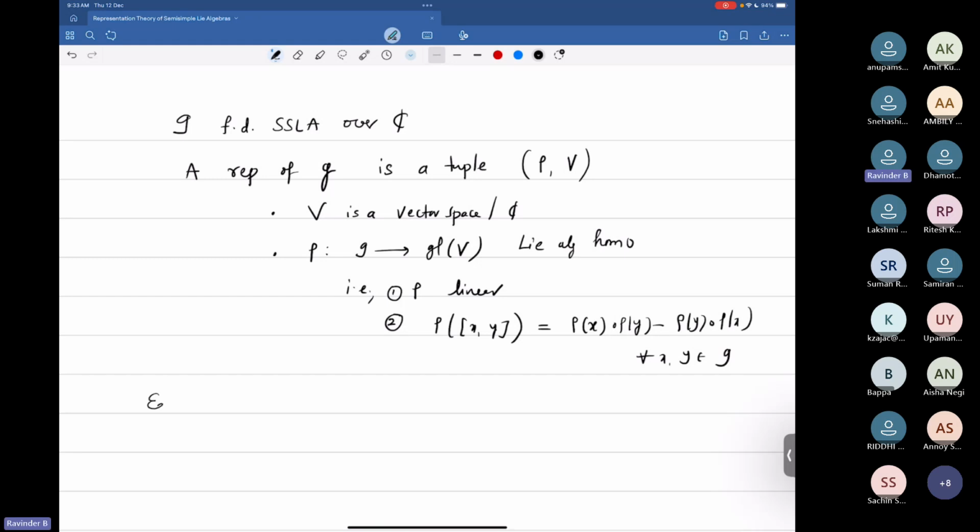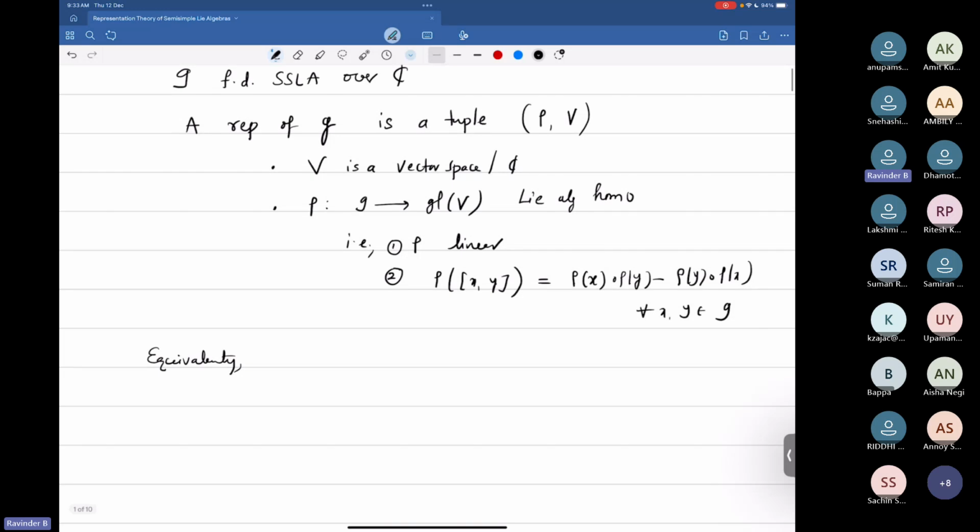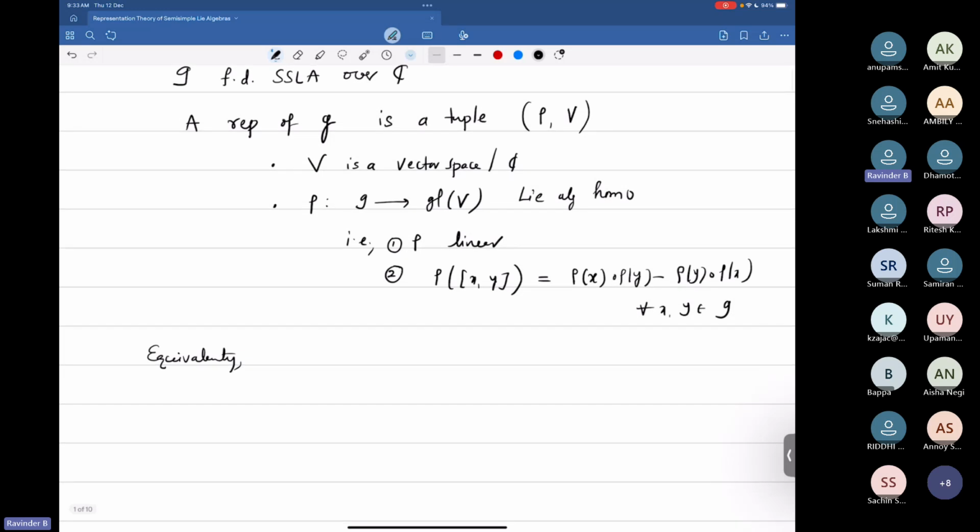And equivalently, G acts on capital V. So V is a G-module. What does that mean? There is a map from G cross V to V. That map I'm denoting by x dot v.